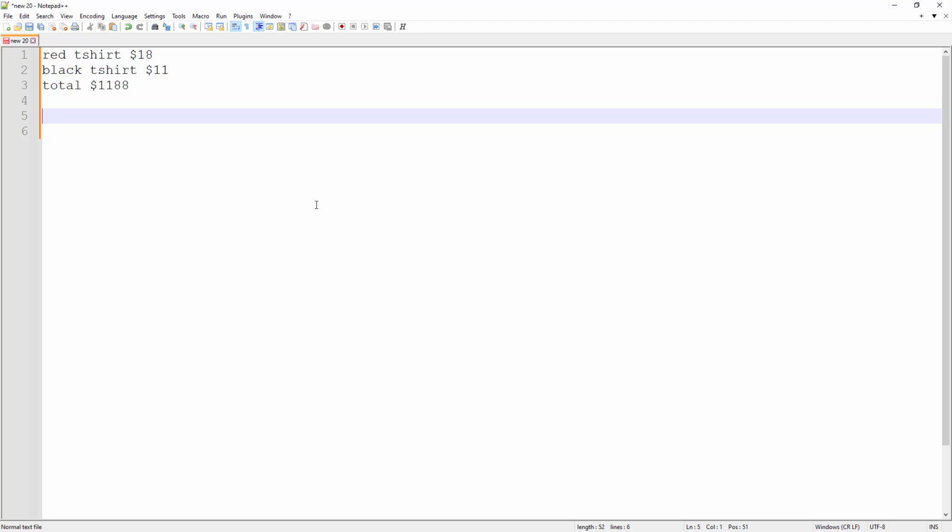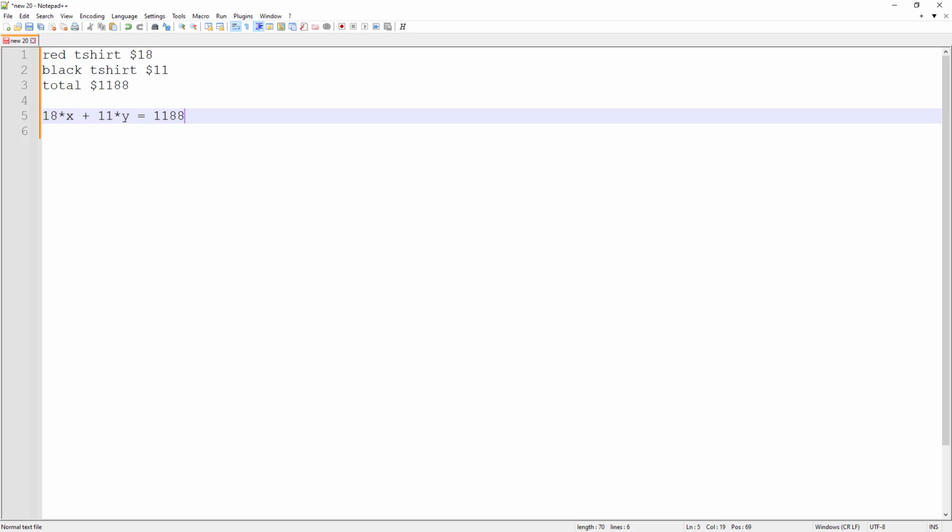So the little puzzle is a classic math problem, and we can write it as an equation. It looks like this: 18 times x plus 11 times y equals 1188.